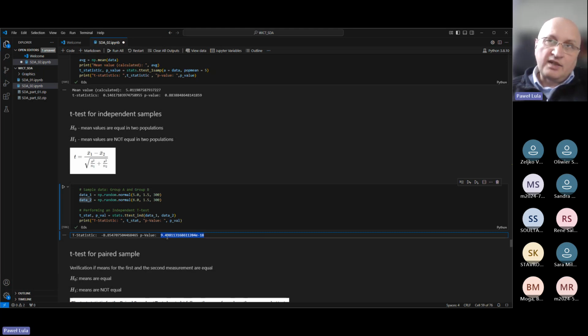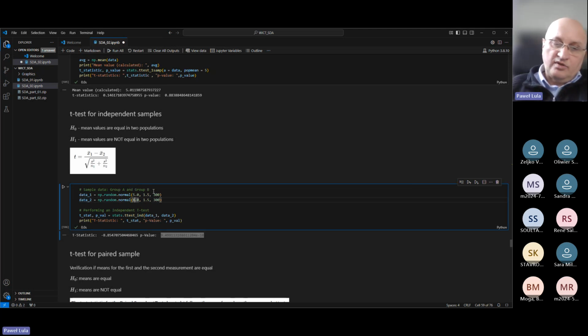There is no chance to obtain these two samples in these two countries when the average mean values are the same.